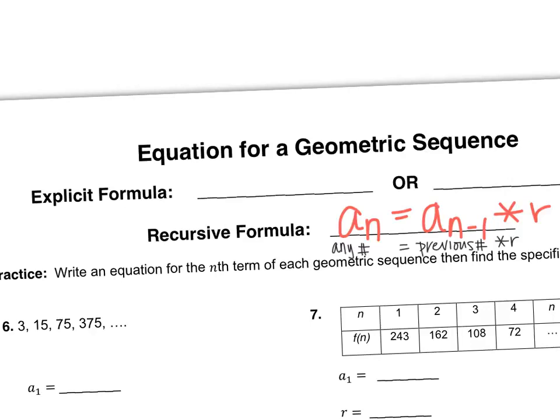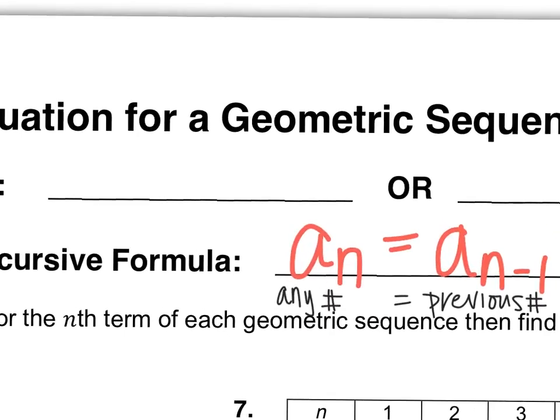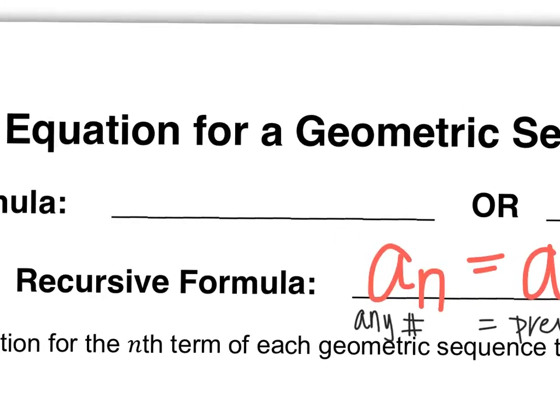So for the explicit formula, there's 2, and we're going to talk about how you know which one to use, and they're literally the same formula. It just depends on which information you're given. So the first one is the formula a sub n.